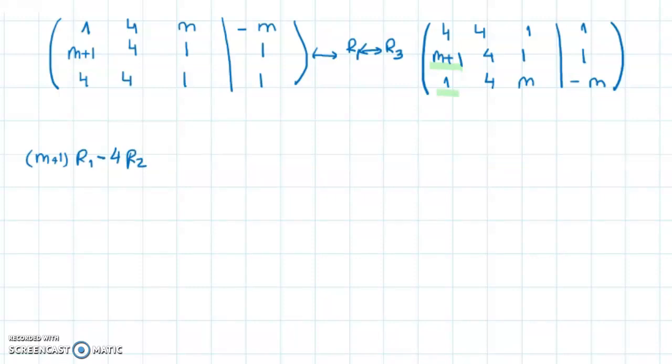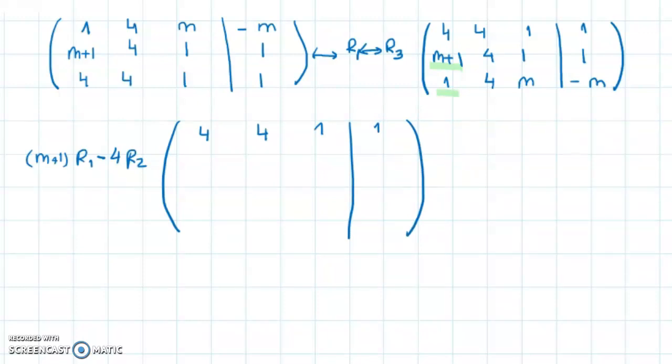So I'll write here again the first row as it is, 4, 4, 1, 1, leaving a little bit more space because we're going to need it.